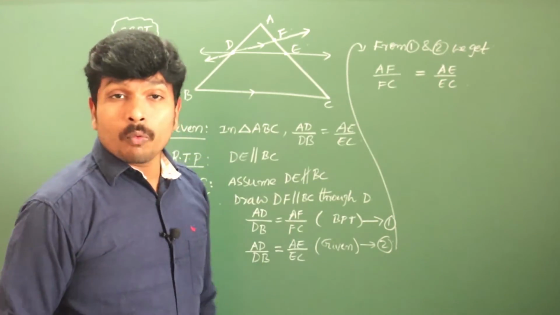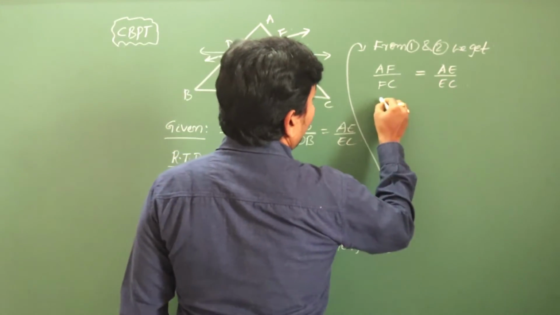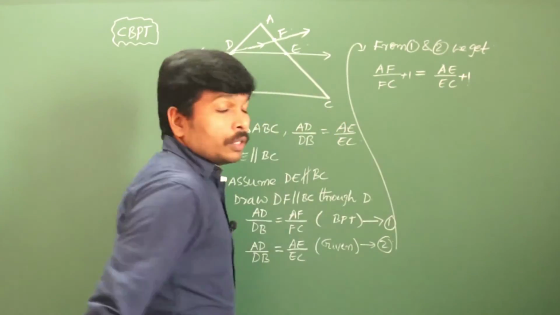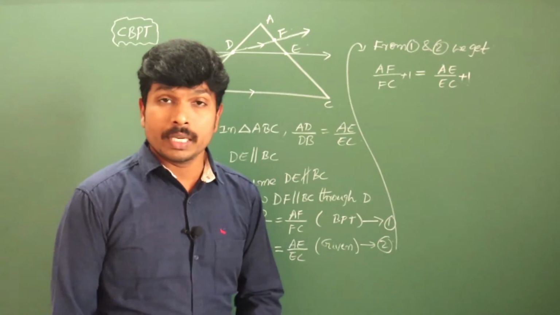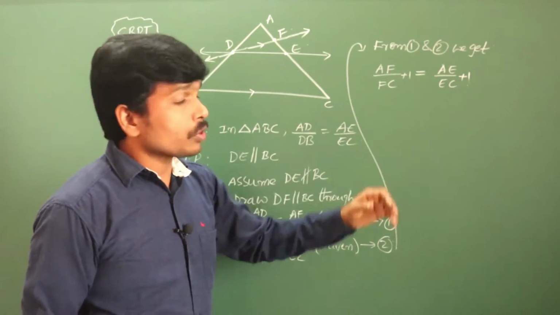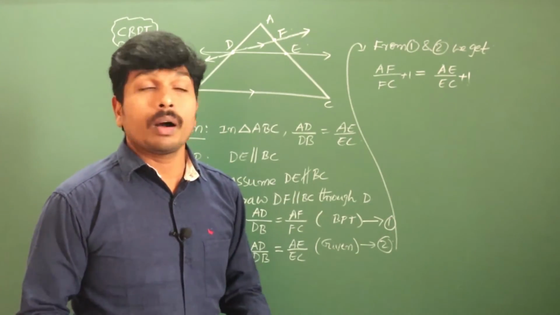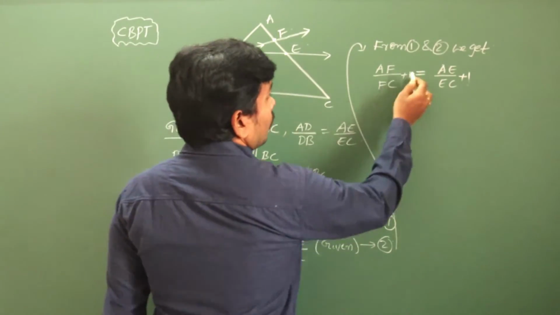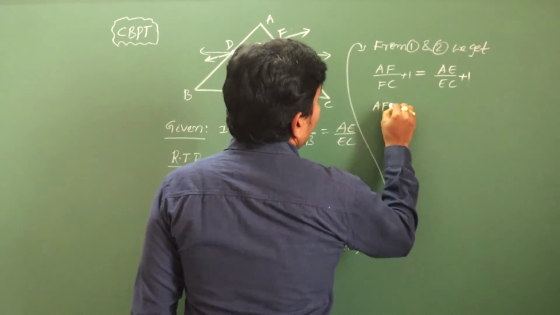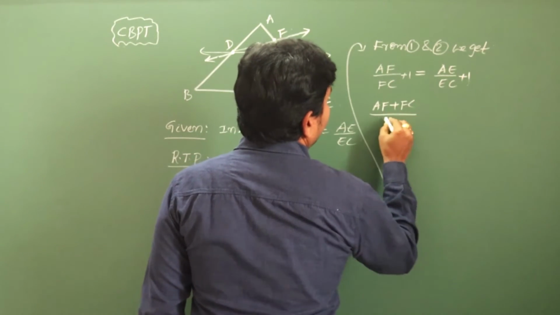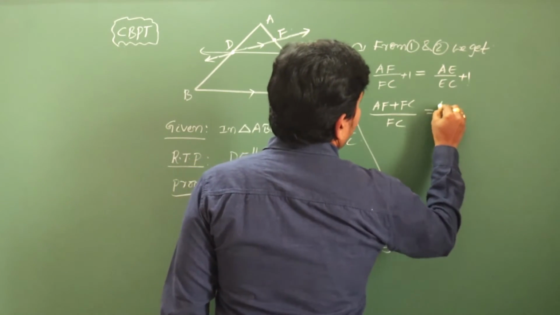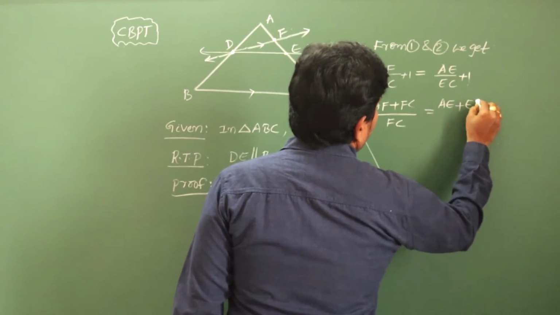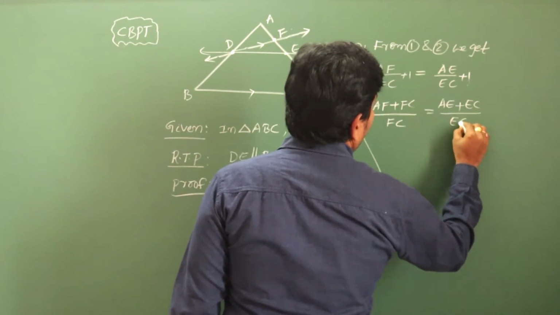By adding one on both sides, which is called componendo, I save one step. Now take LCM. AF plus FC by FC is equal to AE plus EC by EC.